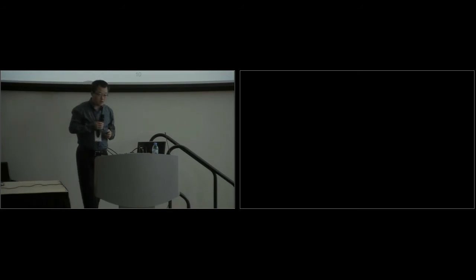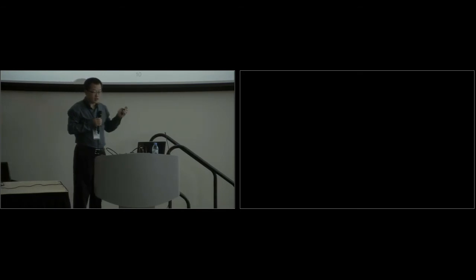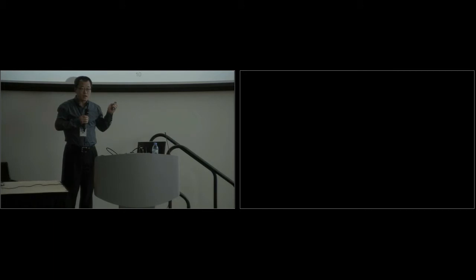Next, let me briefly introduce how the algorithm works. Here the picture shows the data. At the conceptual level, the data is very simple. It's a time series of characters, and for each character, each key, we also record the timestamp when the key was pressed.